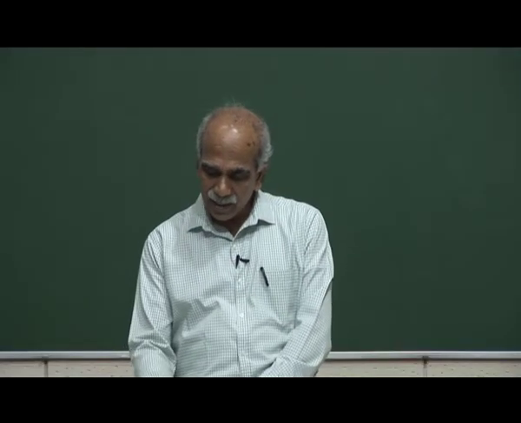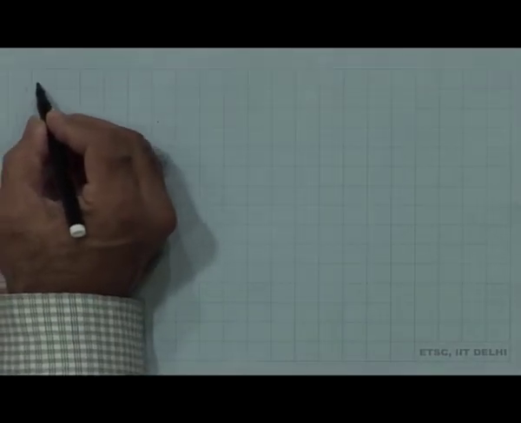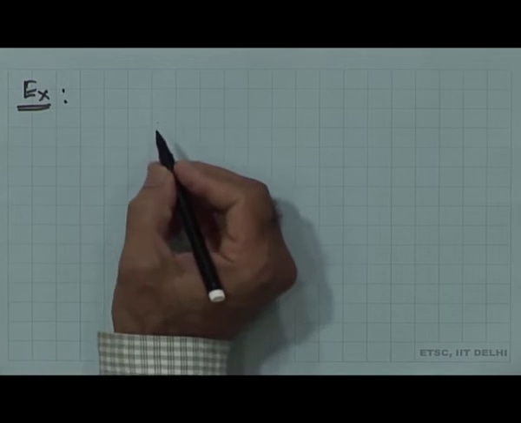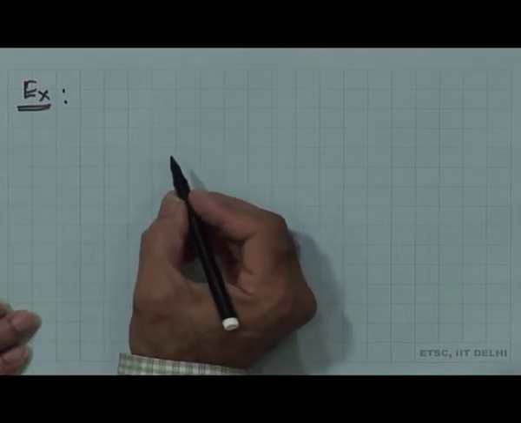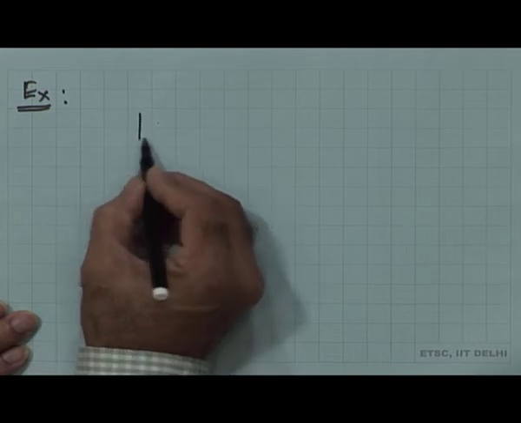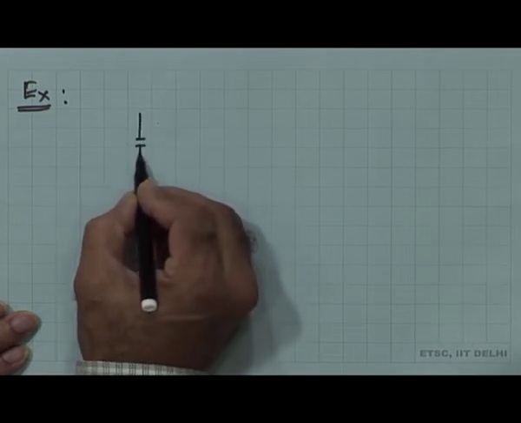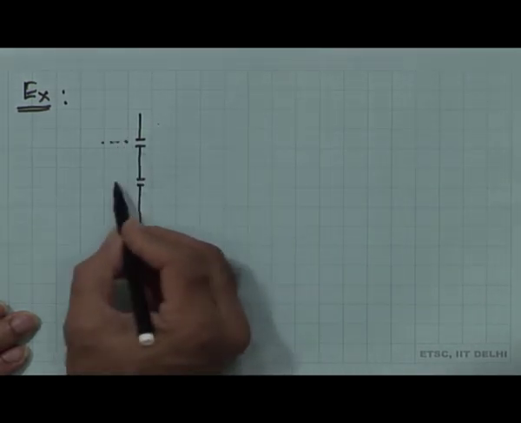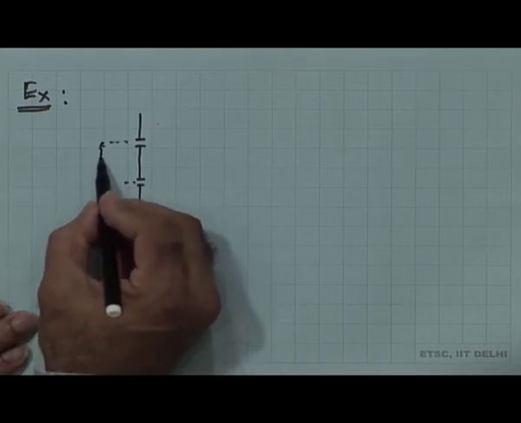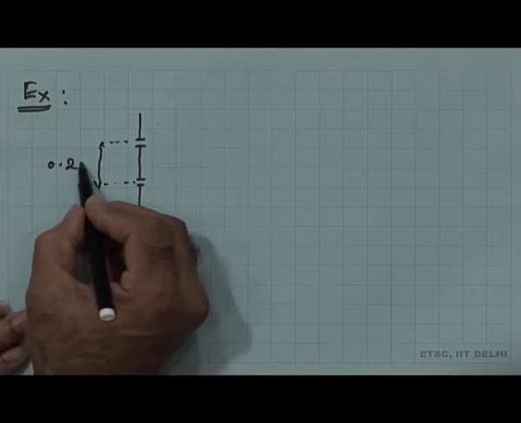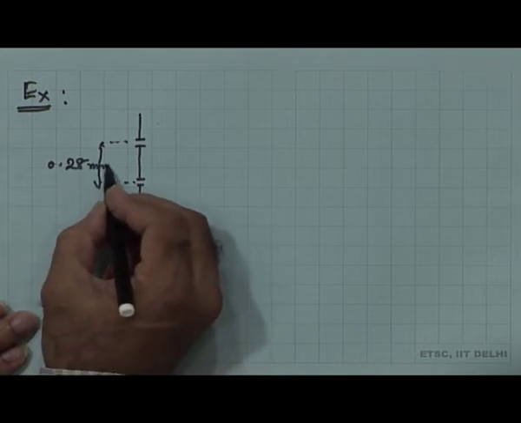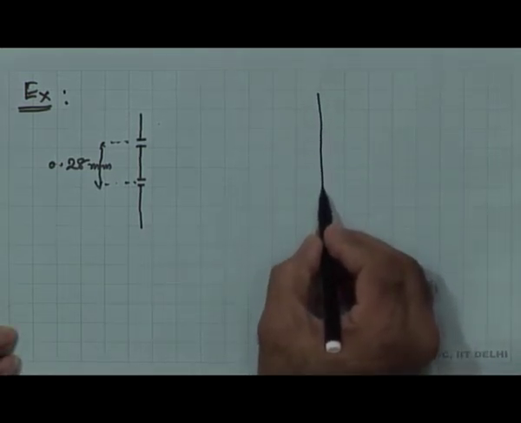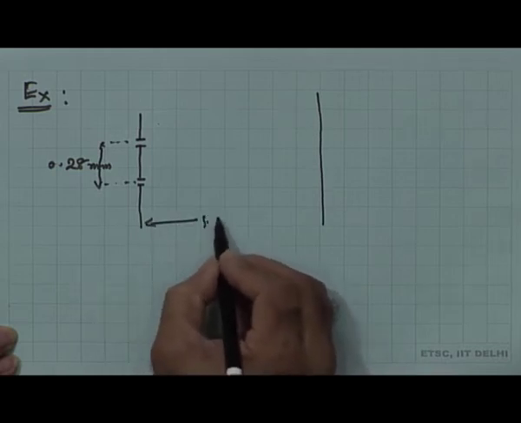So, here is the exercise. In a Young's double slit experiment, we have this arrangement. The slits are separated by 0.28 millimeters, and the screen is placed at a separation of 1.4 meters.